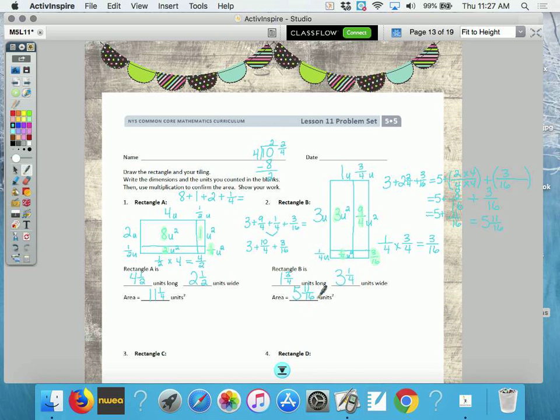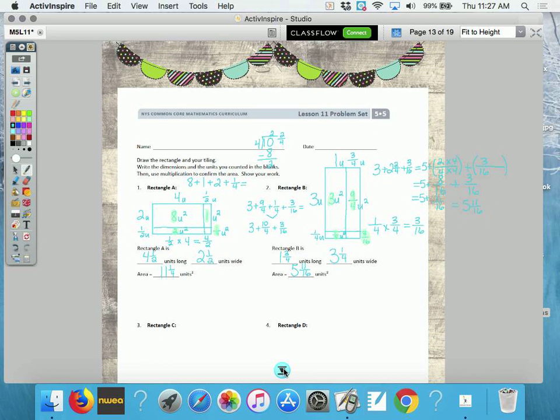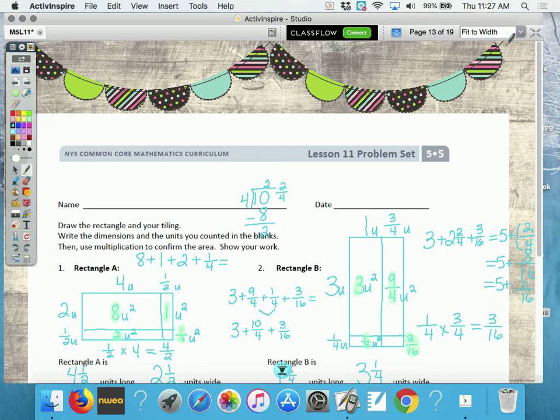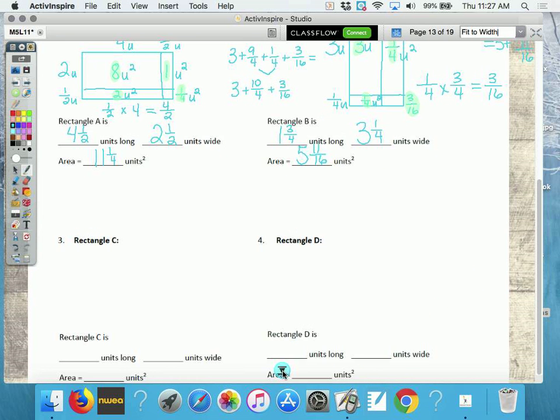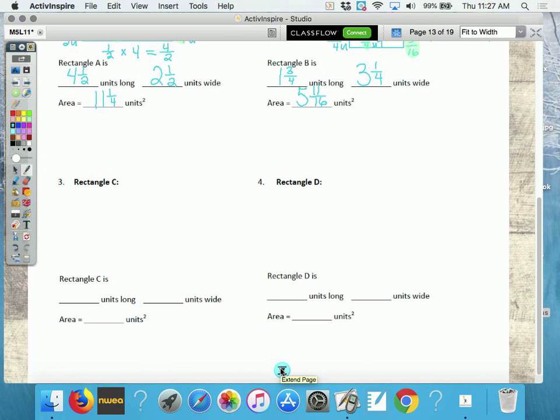Okay? So that's 2 different kinds of problems, all right, with 2 different fractions. Now I'm going to give you one that's going to prepare you for your exit ticket. Sound good? Okay. So let's go down to rectangle C. And I'm going to write the measurements.